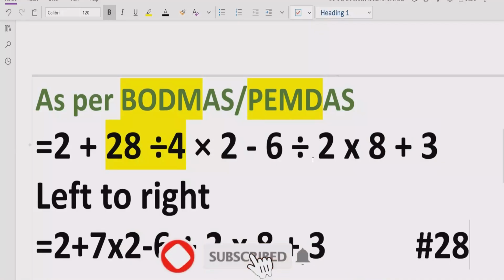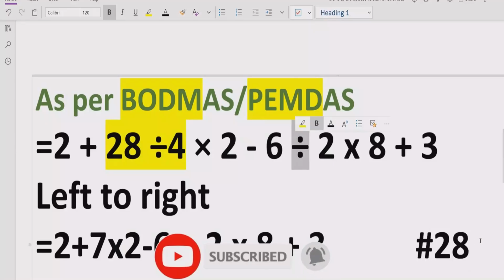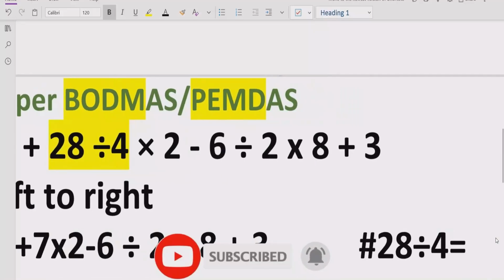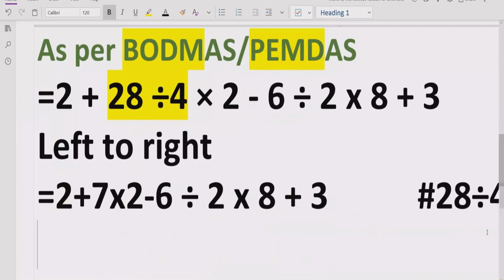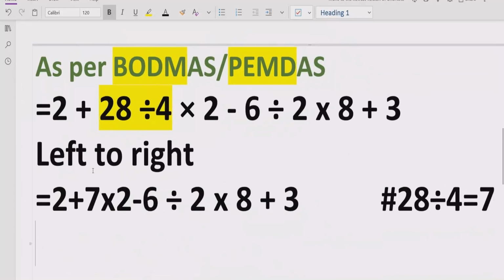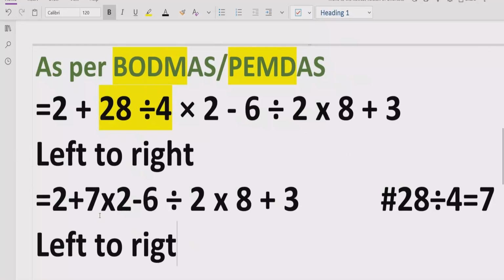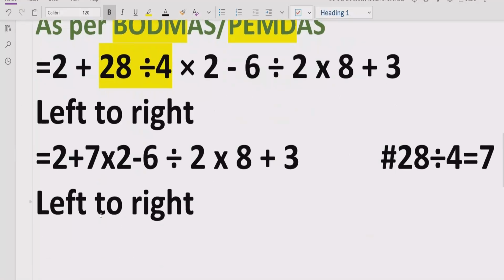Now we have to give the reference 28 divided by 4 equals 7. Now move forward again. We have to go left to right and find out which is coming first. So now we have 2 plus 7 multiplied by 2.